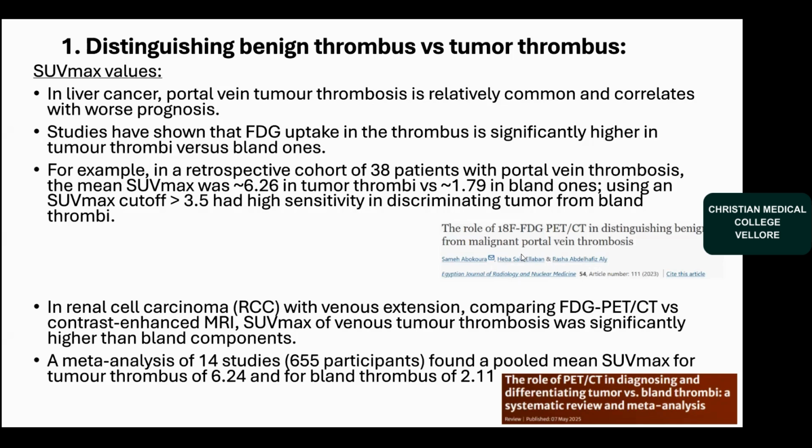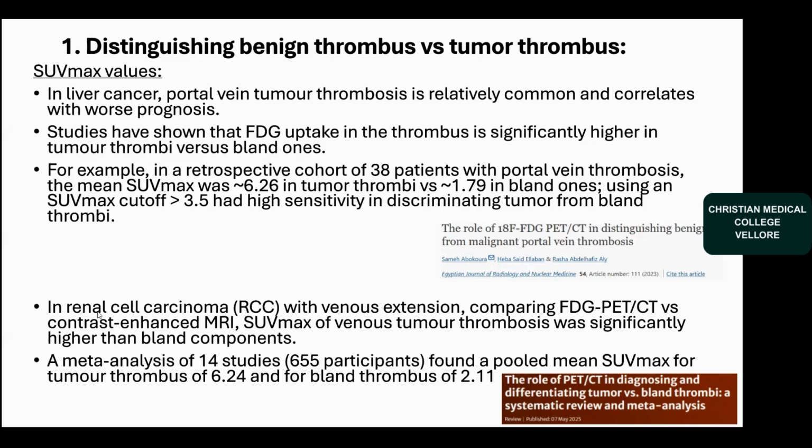This is a retrospective study done in 38 patients. The mean SUVmax in tumor thrombi was 6.25, whereas in bland ones it was around 1.79. If we have a cutoff of more than 3.5 with high sensitivity, we can discriminate tumor thrombi from bland thrombus.